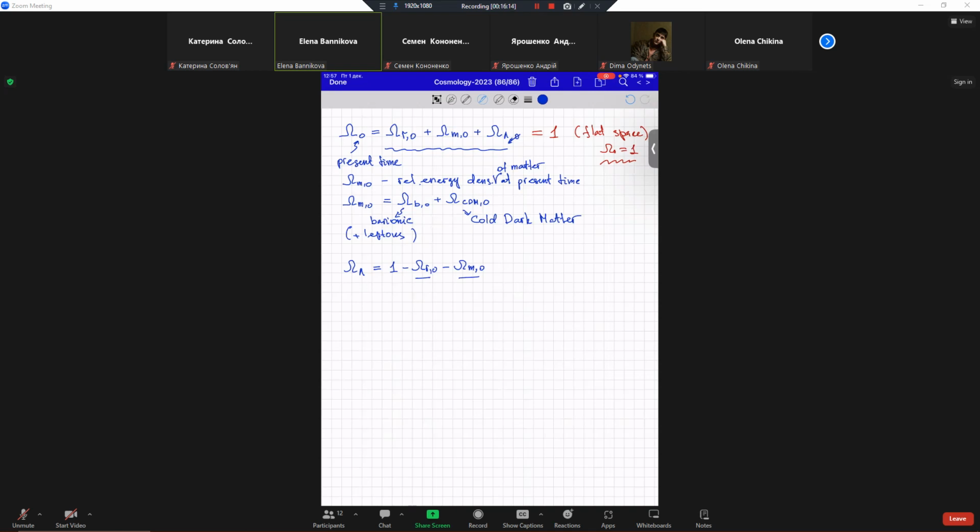And as soon as we already used it as an explanation of the acceleration of the universe, it means that we can estimate it like this. So this is the point.